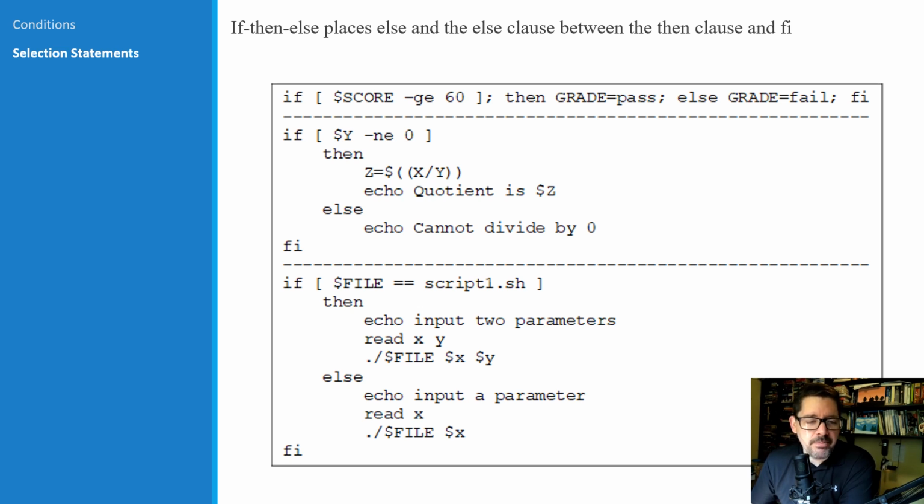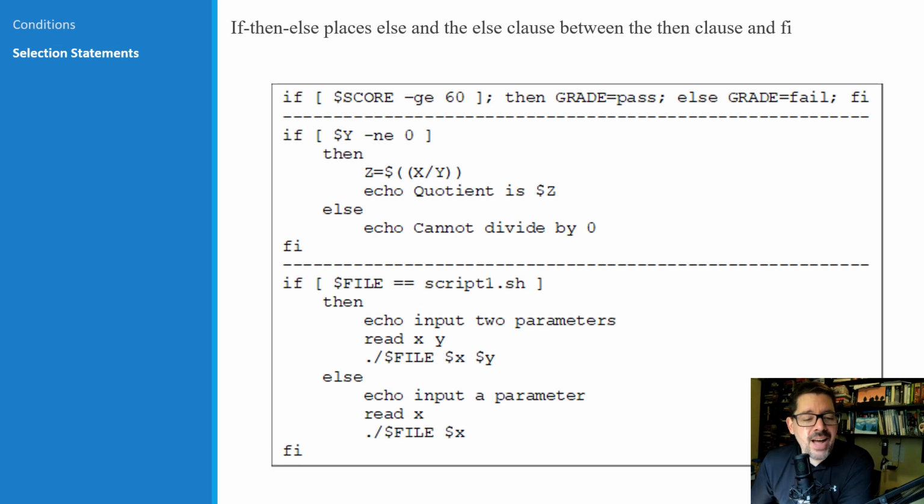So that's a simple one. And then we have another if then else, right? Where if y is not equal to 0, then we do something, otherwise we say cannot divide by 0. We're trying to basically make sure we capture a 0 so we don't divide by it if somebody accidentally entered a 0.